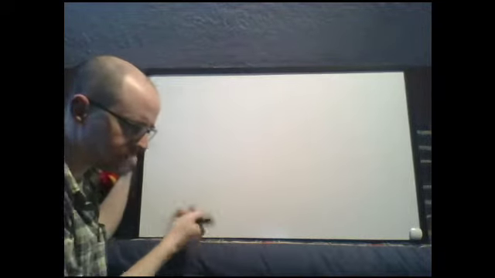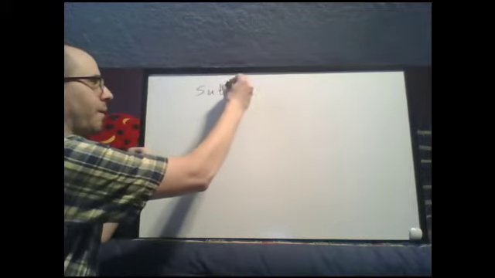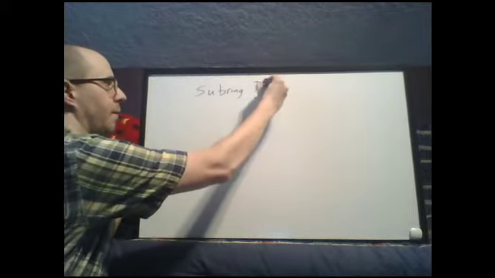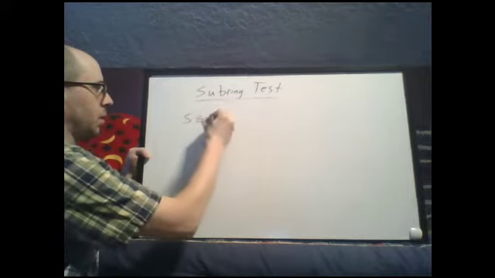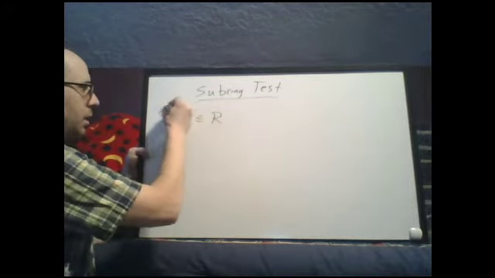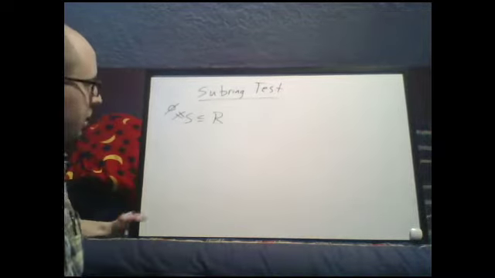All right. So the last thing I want to say about subrings for now is to mention the subring test. So R is a ring. S is a non-empty subset, so it's not the empty set.